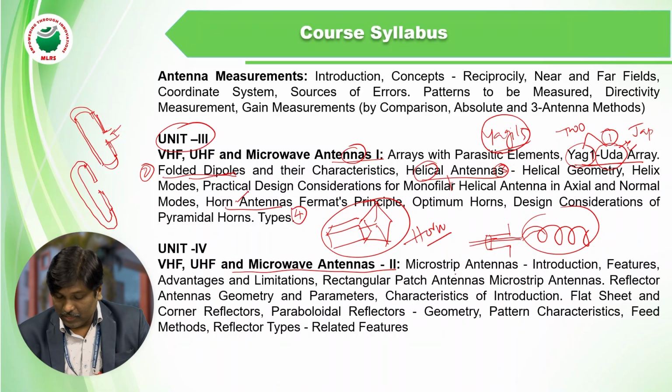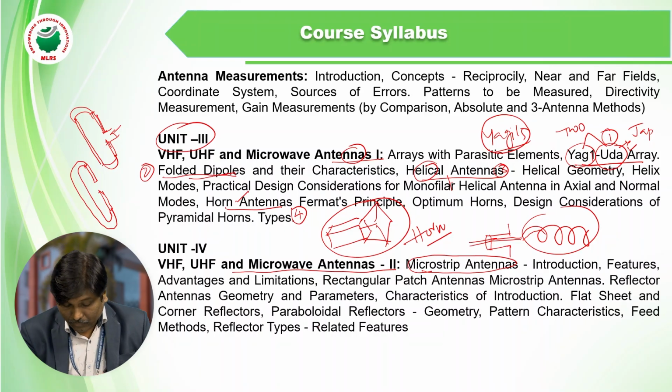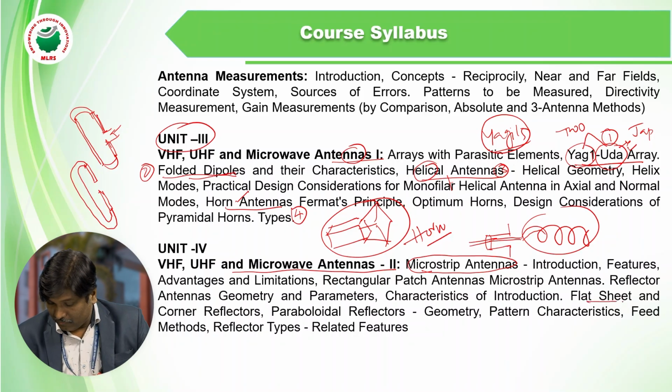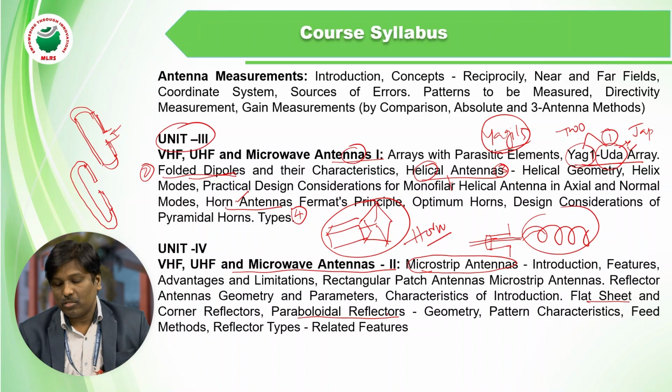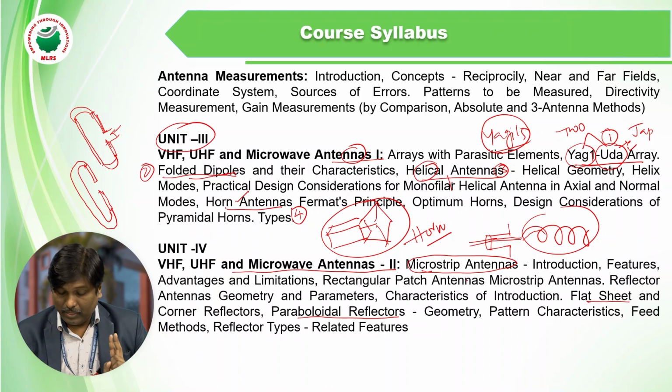In this unit we concentrate on microstrip antennas and reflector antennas: flat sheet reflector, paraboloid reflector. So two types of antennas: one is the microstrip antenna, the second is the reflector antenna.